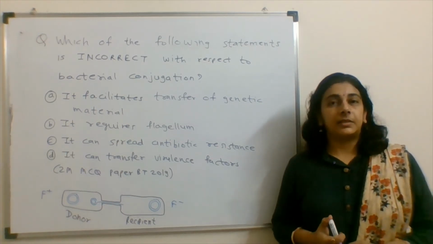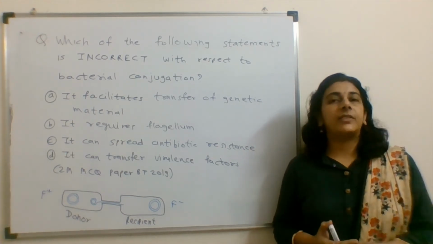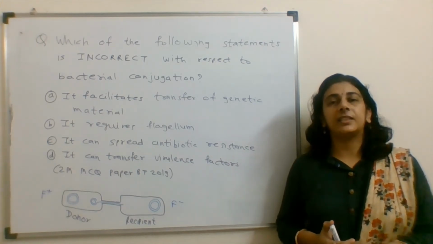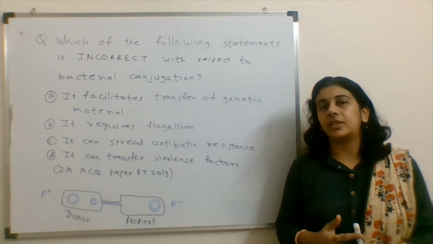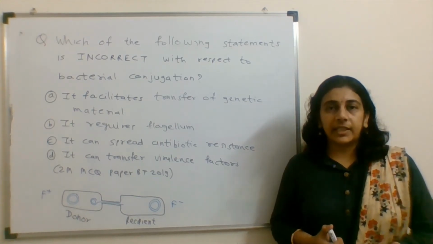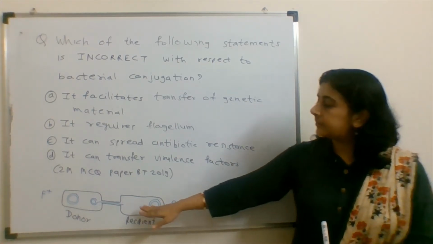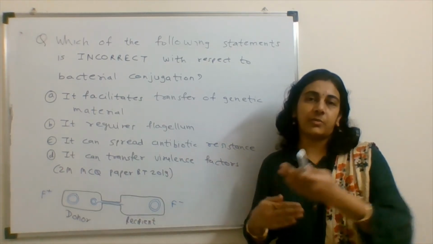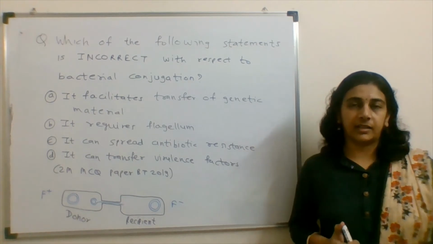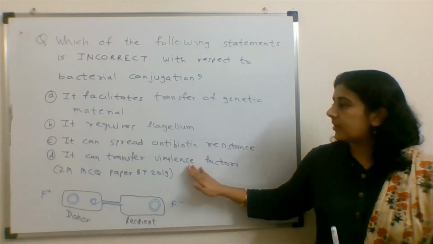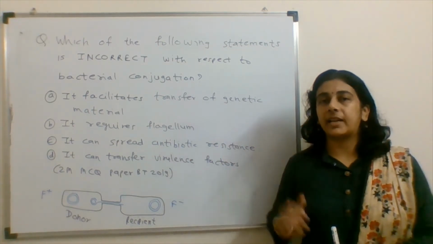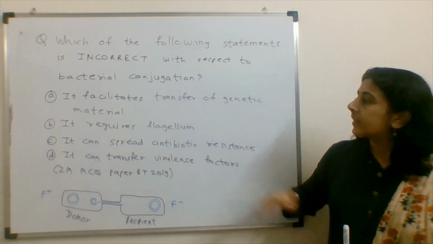The origin of that virulence factor, that can be any of the proteins, so we can say that the origin of that virulence factor is present on DNA ultimately, that is the chromosomal DNA. And in case of conjugation, chromosomal DNA can also be transferred from one bacterial cell to another bacterial cell. So this statement also is a correct statement in reference to bacterial conjugation.